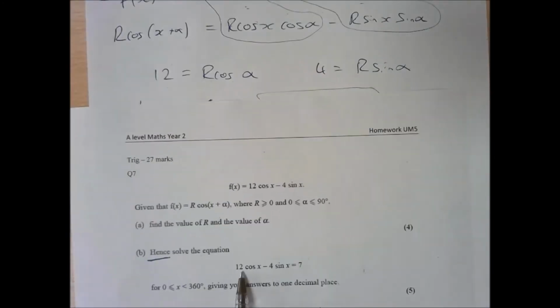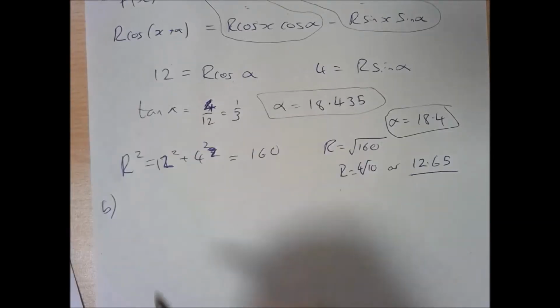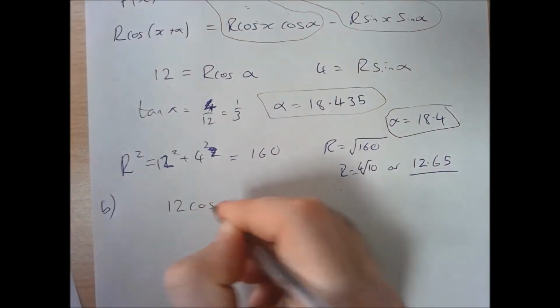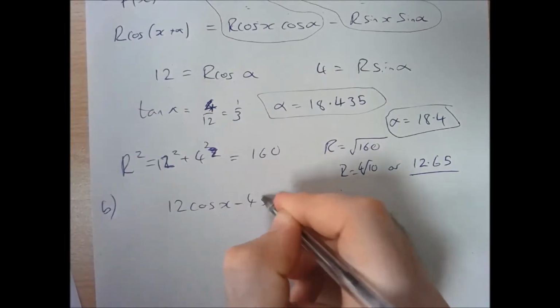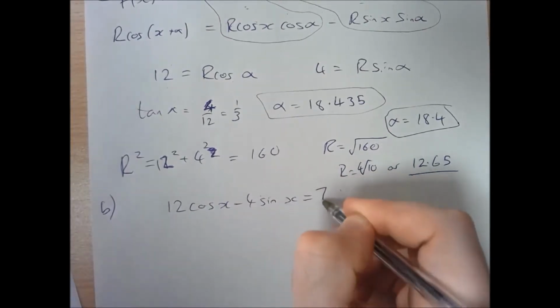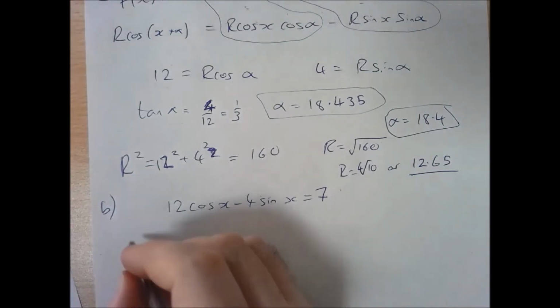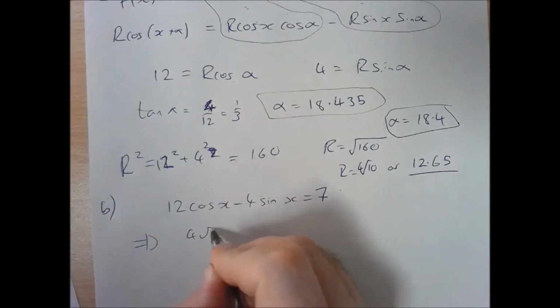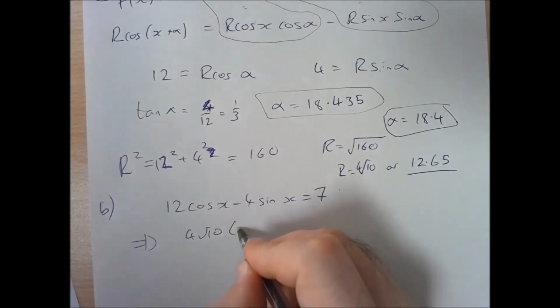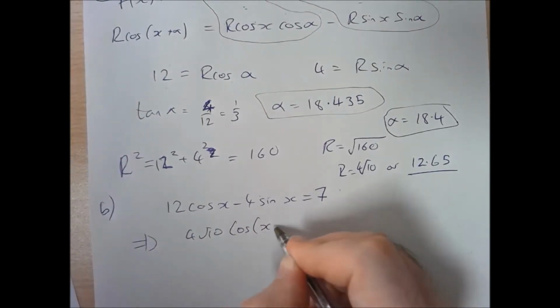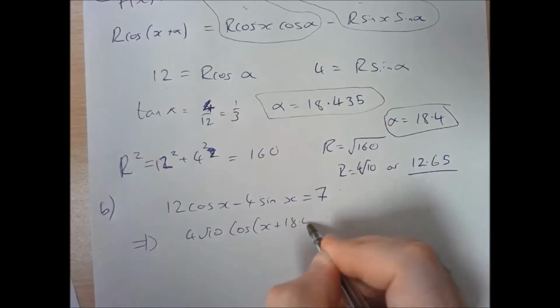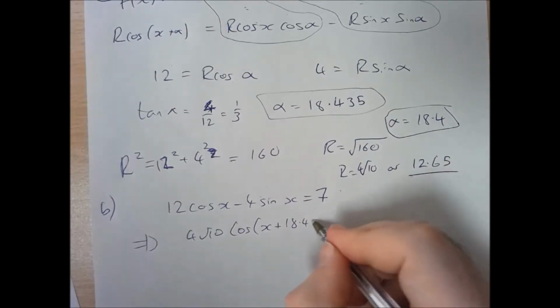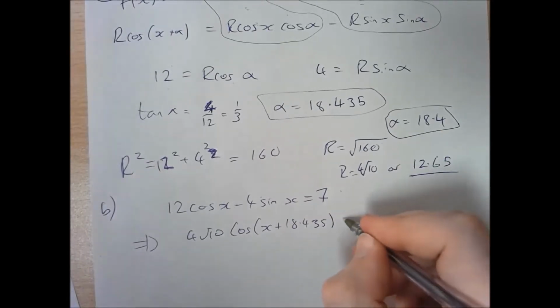So we'll notice that this thing here is the same as the thing here, and it equals 7. So we can write down 12 cos x minus 4 sin x equals 7 is exactly the same thing, or implies 4 root 10 cos of x plus 18.435 equals 7.